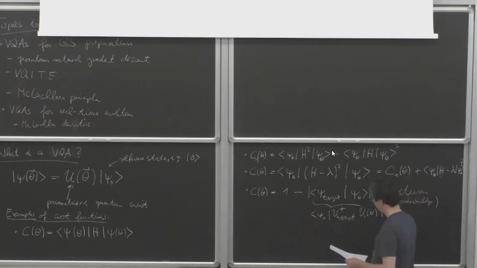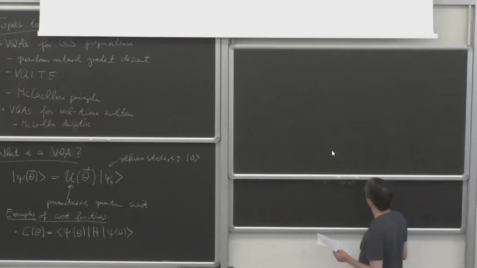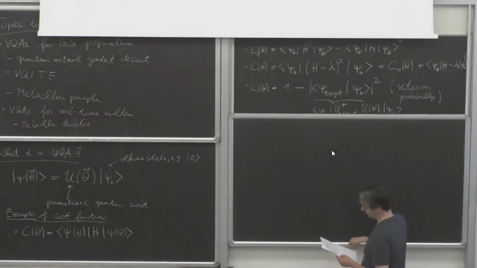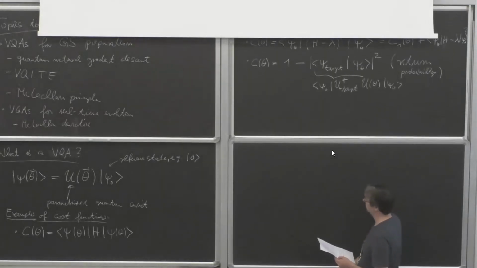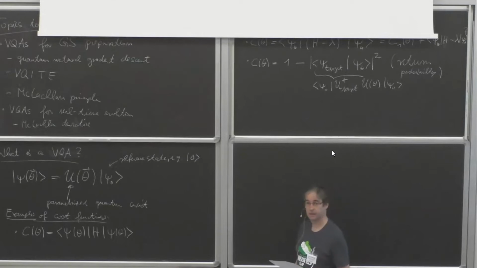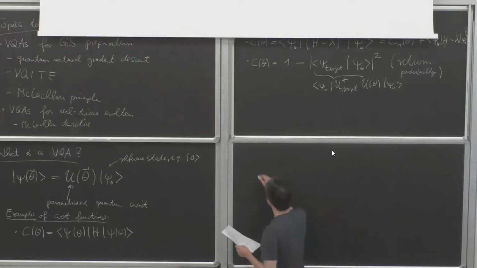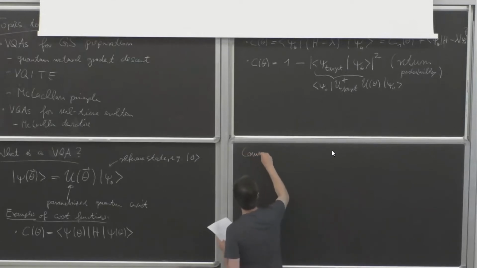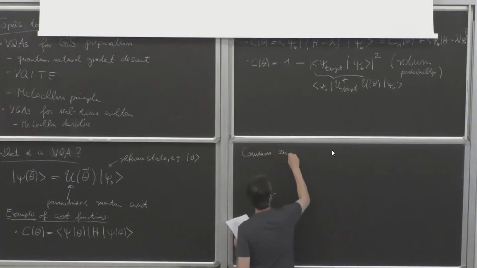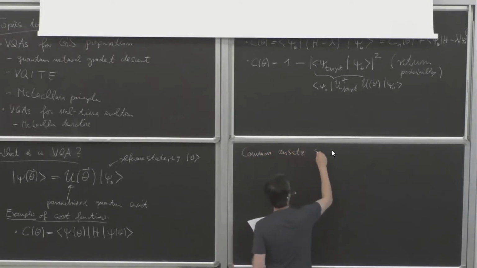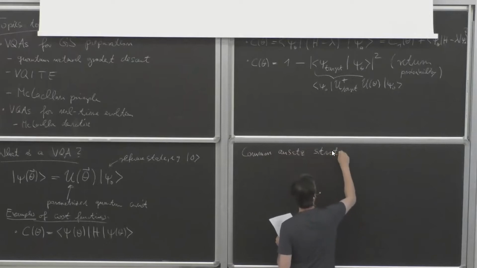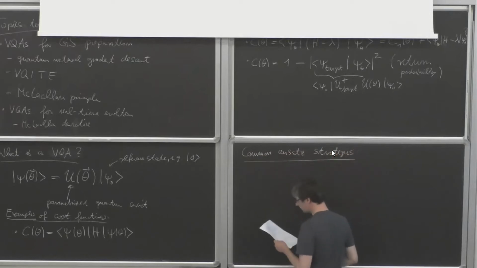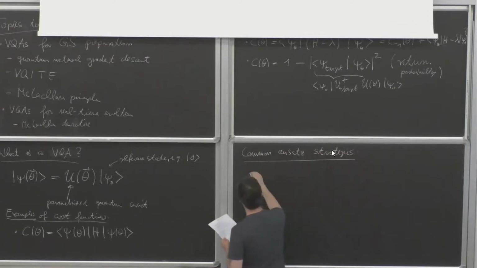Now let me spend a bit of time talking about different strategies to select an ansatz, U of theta. There are typically 3 classes. The first one is called hardware efficient.